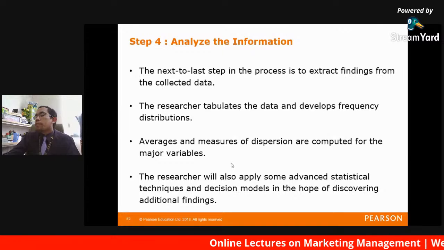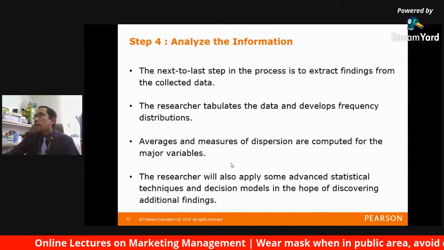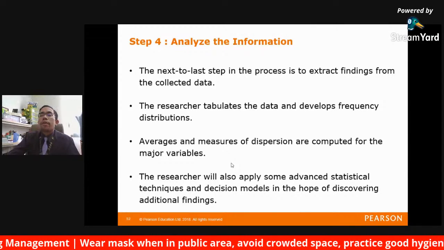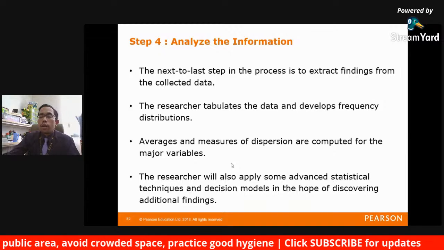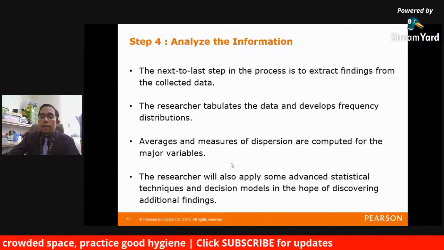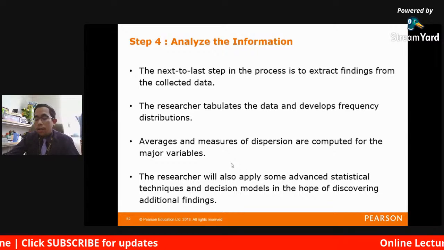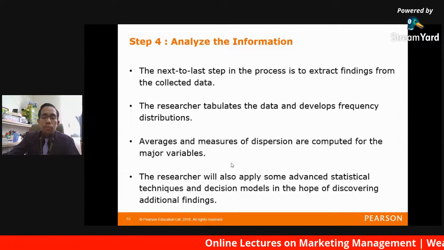Right? We are not only using normal software, but right now we have very sophisticated software which can help give us an idea of what happened based on the answers given by the respondents.